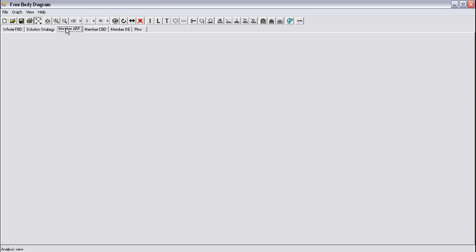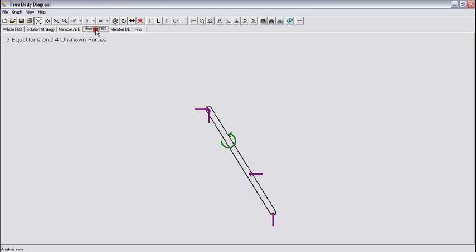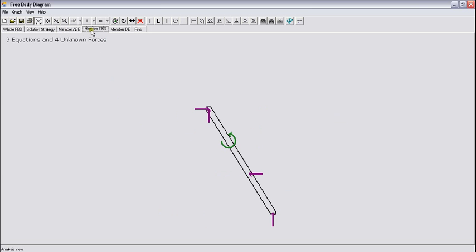If you look at the free body diagram of member ABE, then you will see at node B we have a pair of two perpendicular forces, which are denoted by 0bx and 0by. If you look at member CBD, then again we have a pair of two perpendicular components, denoted by 1bx and 1by. So we have 0bx, 0by, and we have 1bx, 1by.